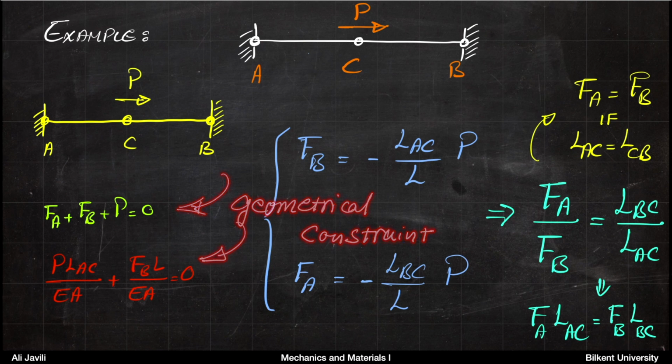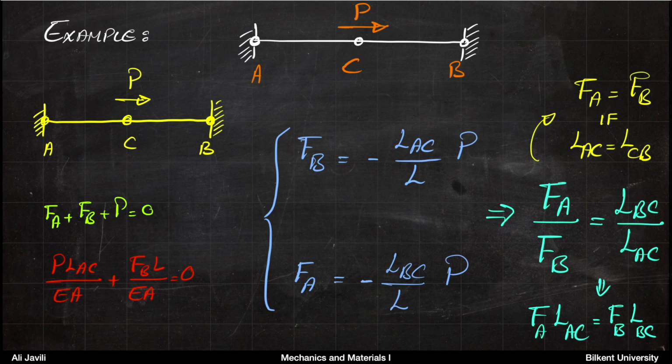But remember, the reason that this equation exists is that we had a geometrical constraint to the problem. So for different problems, you may need to be using different ways of introducing and finding these geometrical constraints. But long story short, you always have your equilibrium equations, and if they are not enough, you have a statically indeterminate system. Now, for a statically indeterminate system, you should be looking for additional constraints, or let's say geometrical constraints, to solve the problem.